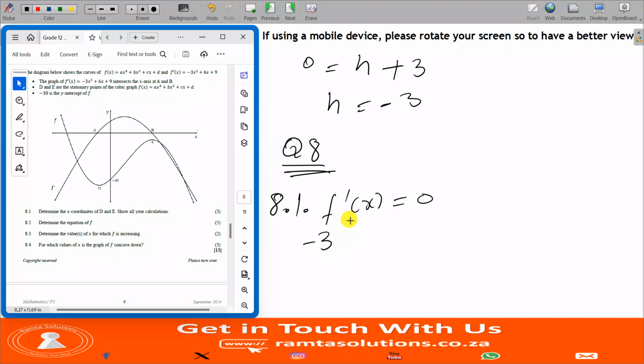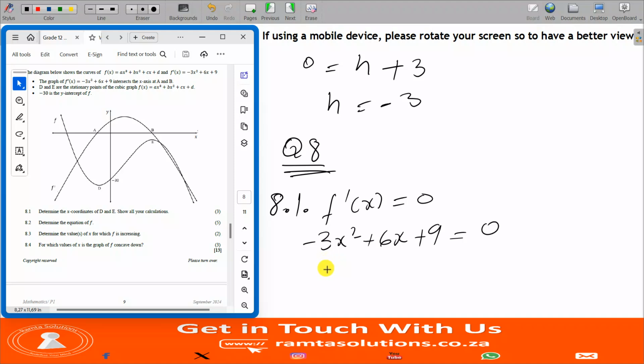It is negative 3x squared plus 6x plus 9. Bear with me, guys, with these strokes. So -3x squared plus 6x plus 9 is equal to 0.